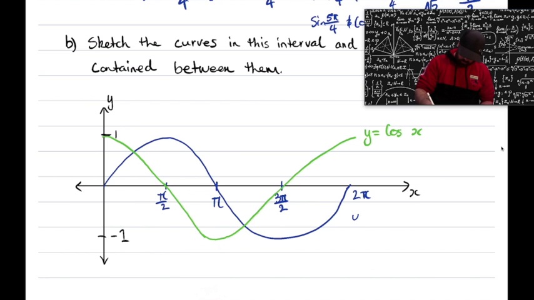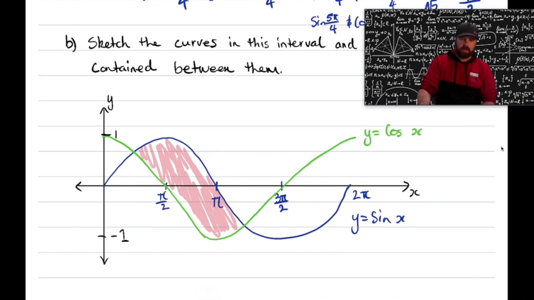This one is y equals sine of x, and we've been asked to find the area between them. What we know is that this value here is going to be pi on 4, and this value here is going to be 5 pi on 4. We can see that from our curve.